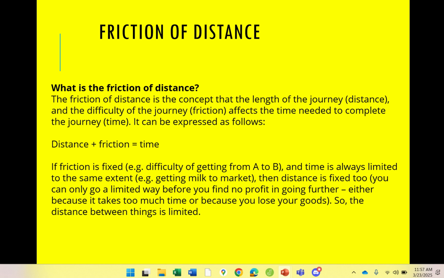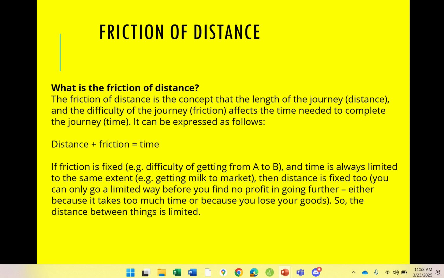Basically, the friction of distance describes how hard it is to travel from point A to point B. Think of the difference between traveling 100 meters walking across a flat open field compared to walking up a jagged, very steep cliff. Both are 100 meters in length, but of course walking up the steep slope is going to be much more difficult. So you're going to have a greater friction of distance, which is going to cause you to take more time to go from point A to point B.